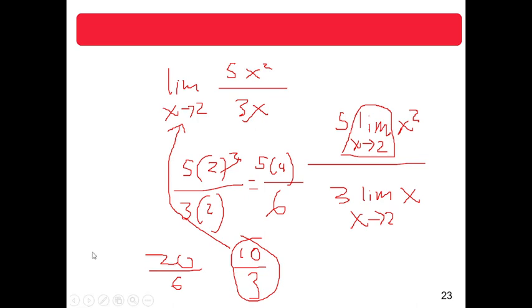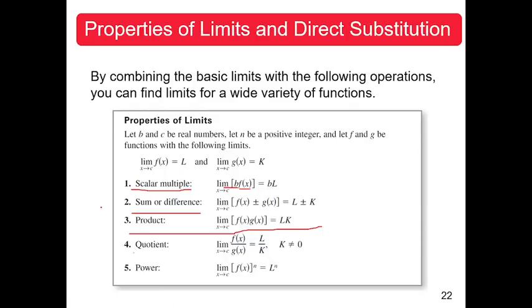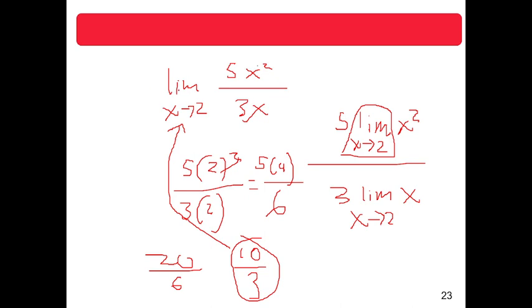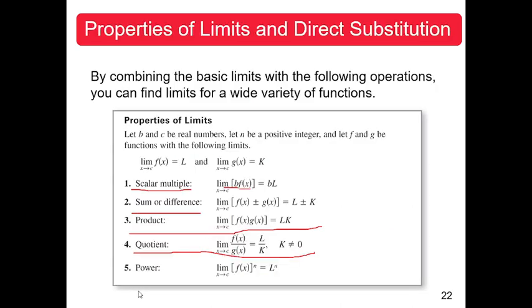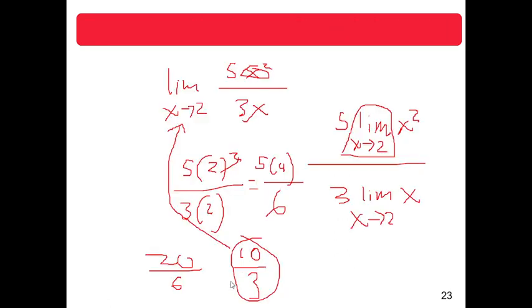So what we have in that part is the quotient, or the fourth property of the limits. And the fifth property is for the power, which is what we were doing a while ago. That is our power.